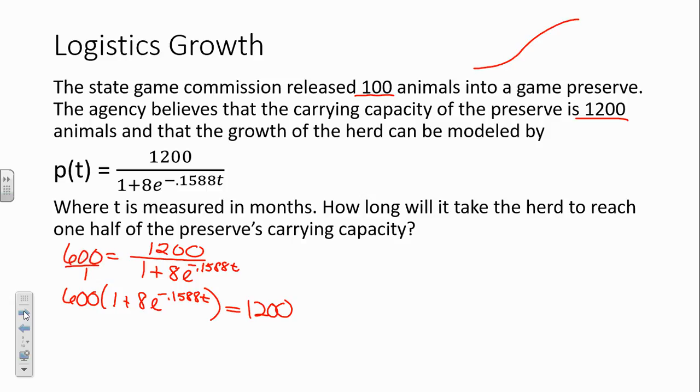But rather than distribute that 600 into everything, are you okay with me dividing by 600 right away? Okay. I'll have a 1 plus 8 e to the negative 0.1588 t equals 1,200 divided by 600 is 2. So I just divided by 600.